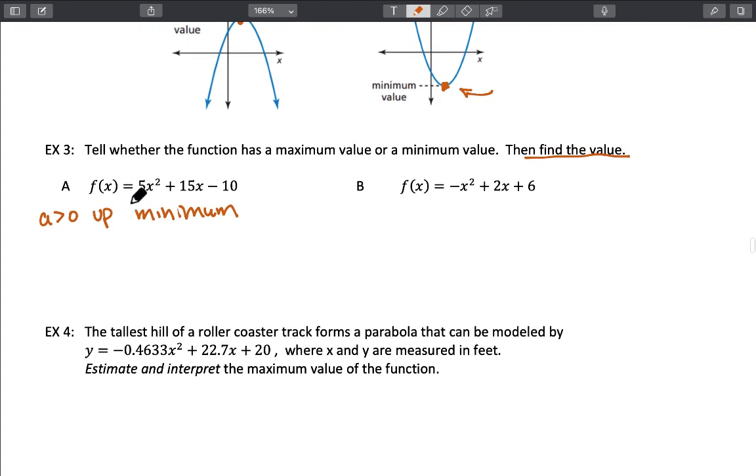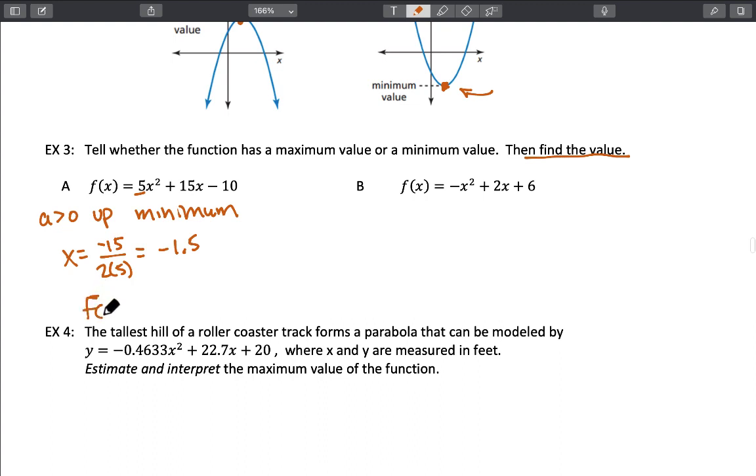Well, I'm just going to find my vertex like I've done in previous problems by starting off by finding my axis of symmetry. So I have the opposite of b over 2a, and that's going to give me -1.5.